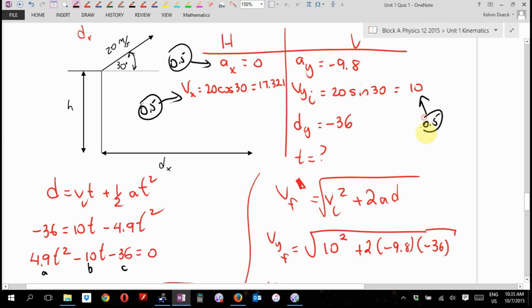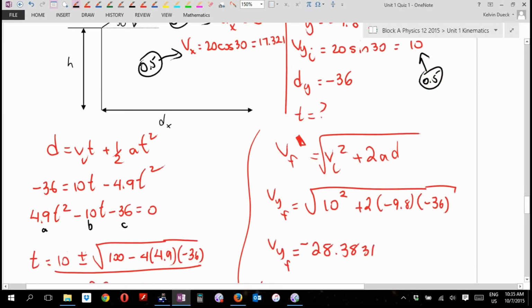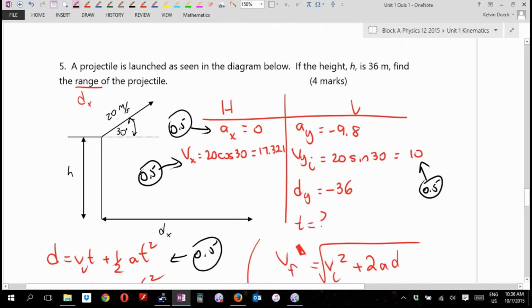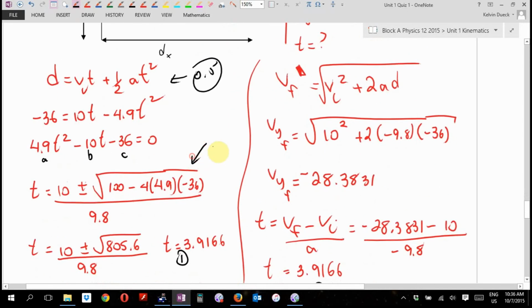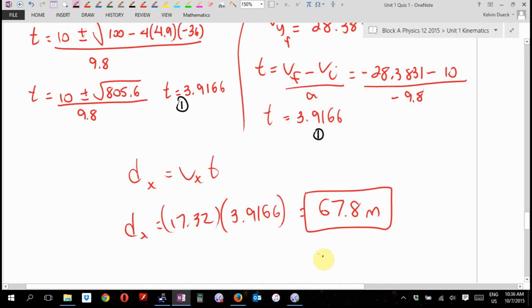That gives you 1.5. If you went with the quadratic formula, I'd give you a half mark for that. That's 2. I'd give you a half mark for that. And then I'd give you a half mark for the answer. That gets you up to 4.